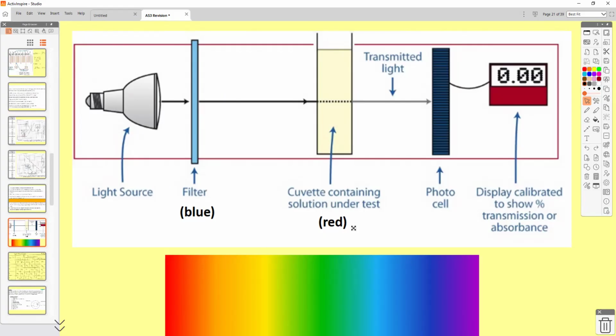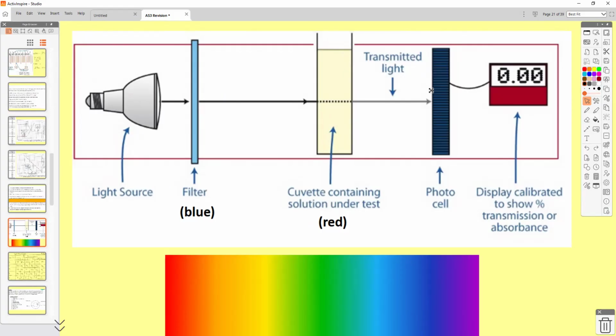Okay, so in this case, if the beetroot is leaking out, it's a red color, which is here, you can see. So we would use a filter that's at the blue end of the spectrum. Okay, it's at the opposite end of the spectrum to your sample color. Okay, your cuvette would contain your different solutions with the pigment or with the solution from your beetroot in it.